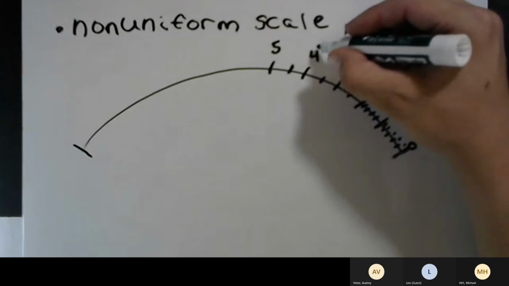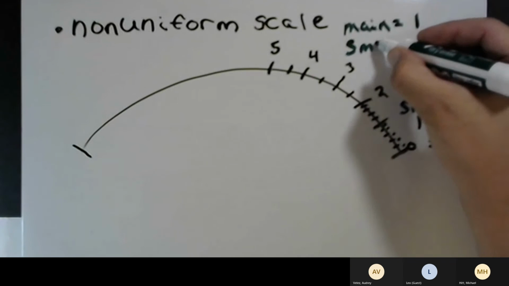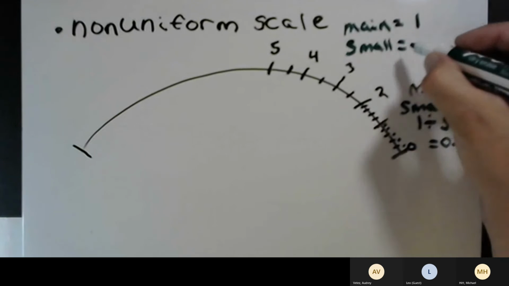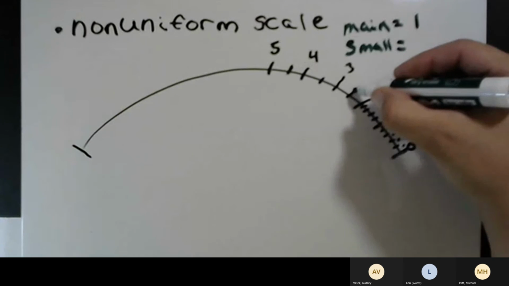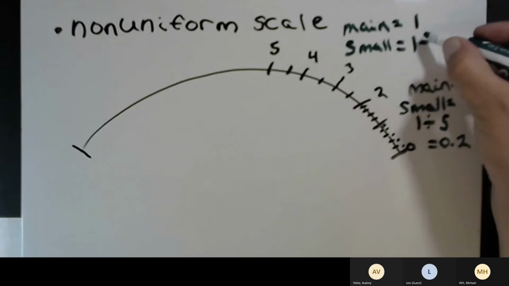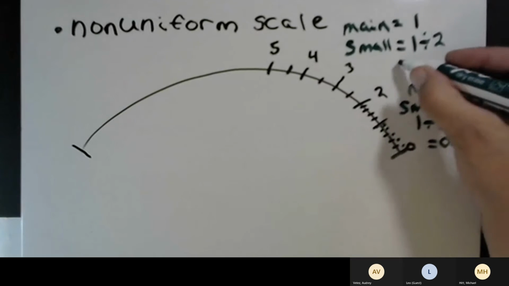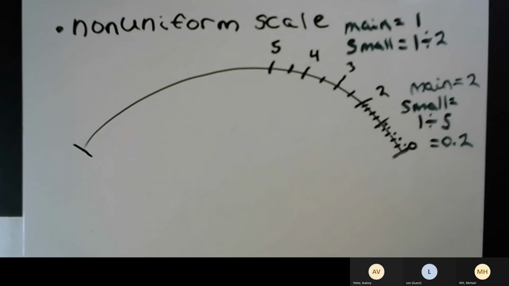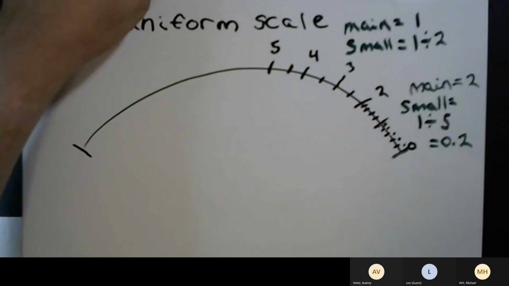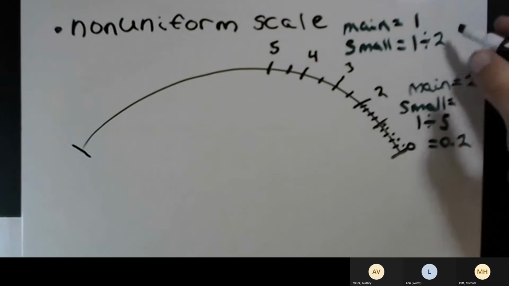So 2 to 3 to 4 to 5. And the small, well, that's that smallest unlabeled one. So this is a unit of 1. So we take 1 divided by 2. You get 0.5.